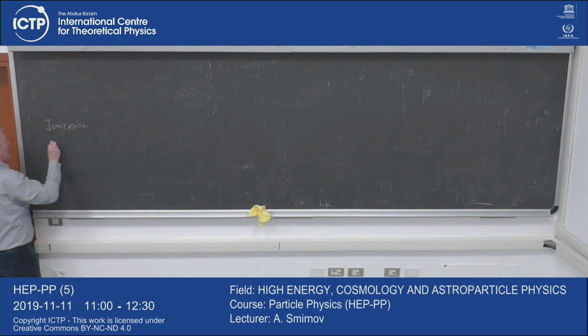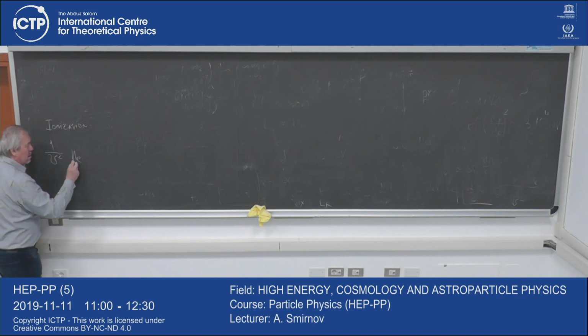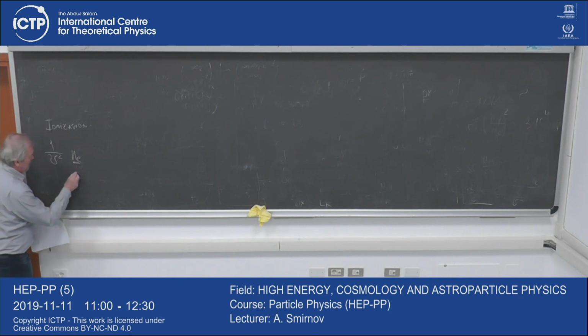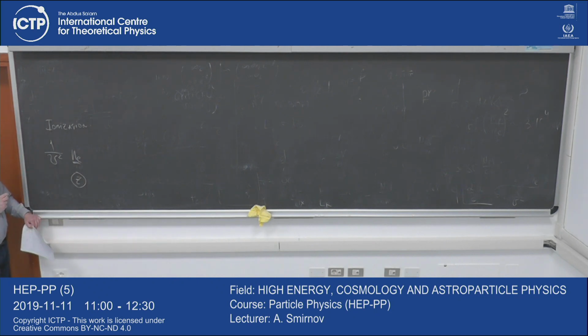The most important parameters are this 1 over V squared, and then the number of electrons, which is proportional to Z, the density of electrons. So the material enters here, through density. And here you have a non-relativistic particle, so you need to take into account the mass. The velocity is momentum over the mass of the particle. And if you take helium, then it will be 4 times bigger.